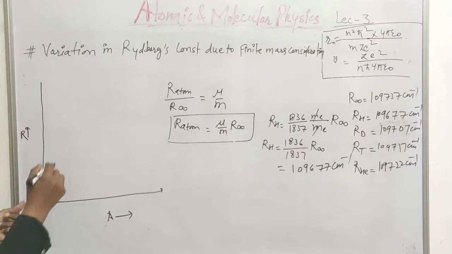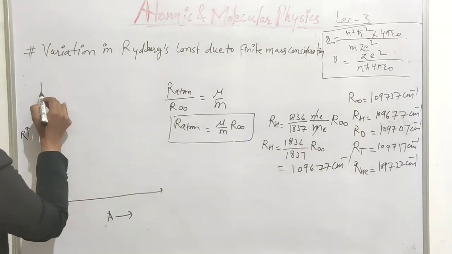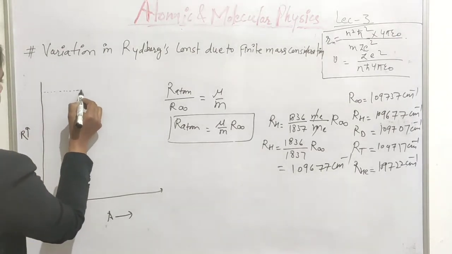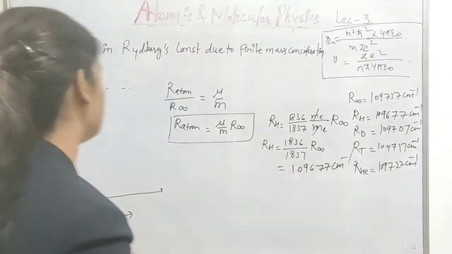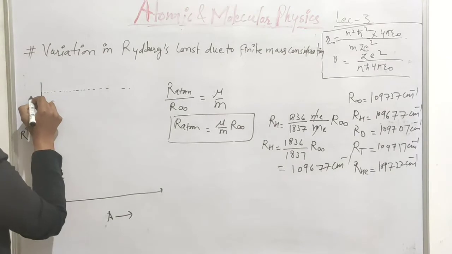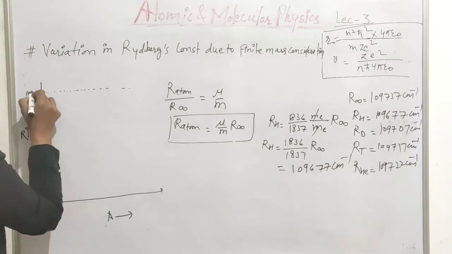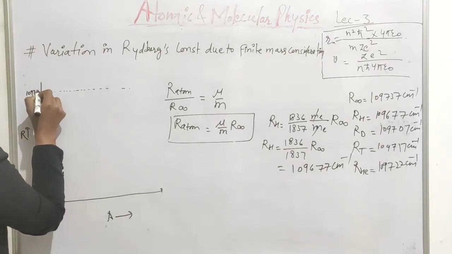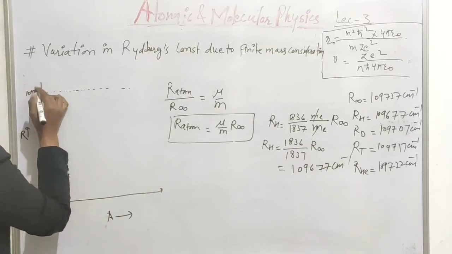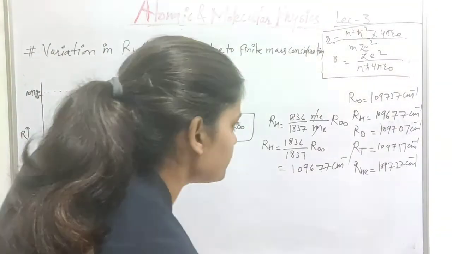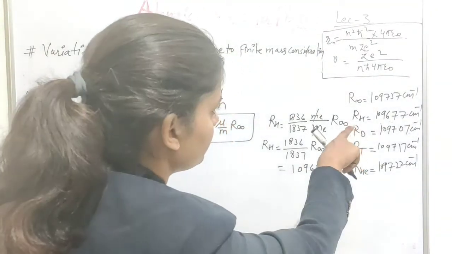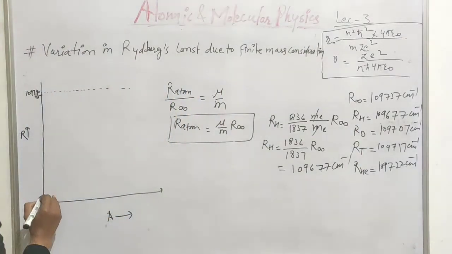Here R infinity is the maximum value, and the value of R infinity is 109737. The starting value is for hydrogen, 109677.